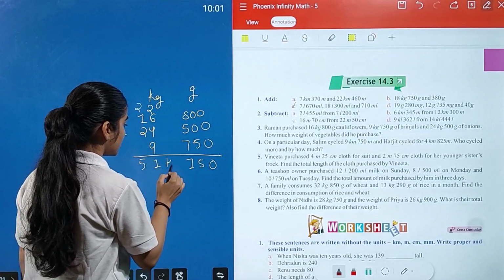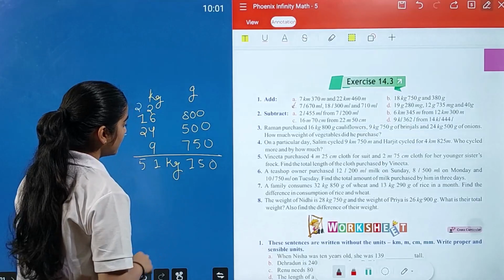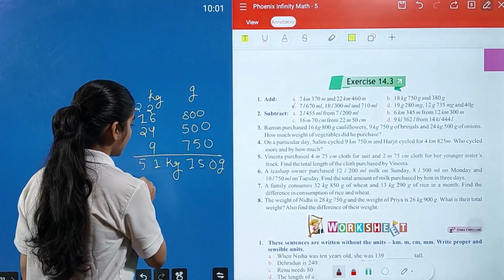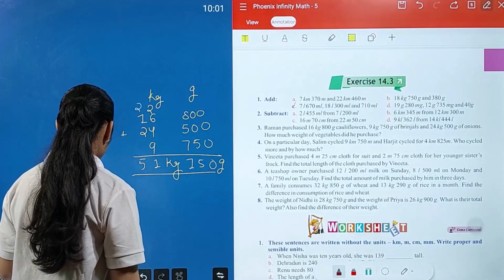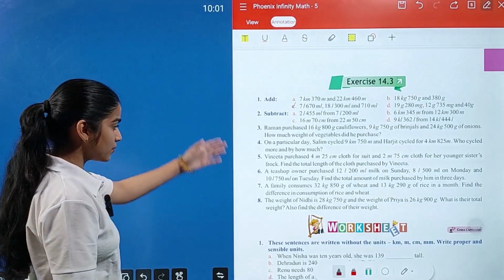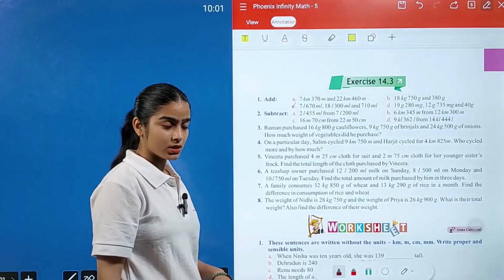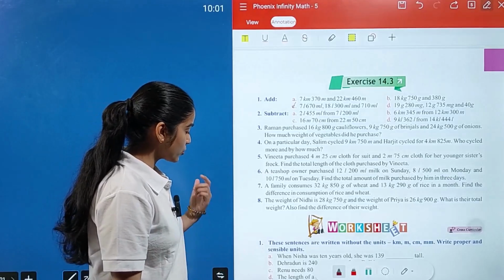So 51 kg and 150 gram is your final answer. So in same process you have to repeat here for rest of the questions you have in 14.3. So let's take one more question for you.